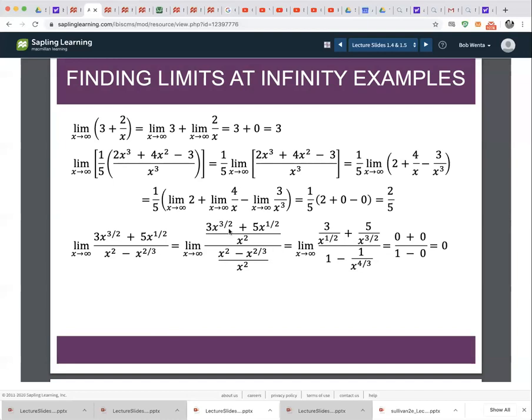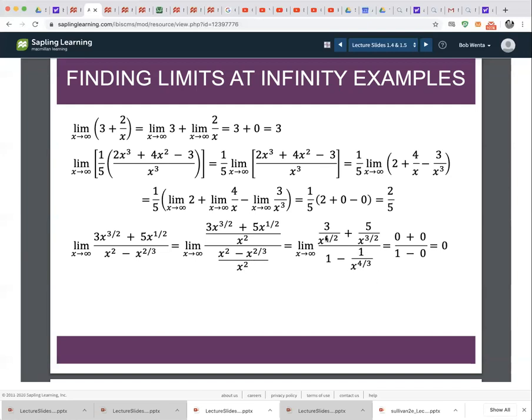That's negative 1/2, which pushes it to the bottom. 3 stays up on top, and you get 1/2 left in the denominator. 1/2 on top, 2 on the bottom. That's 4 halves. That makes 3 halves left over on the bottom. Got it? 5 over 3 halves. And then in the one term where they're the same, you've got x squared over x squared. That's 1. Bingo. And here you've got 2/3 over, what is that, 6/3? That leaves 4/3 on the bottom.